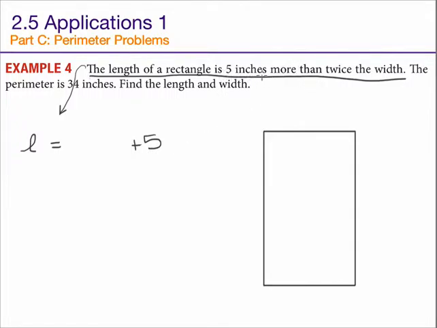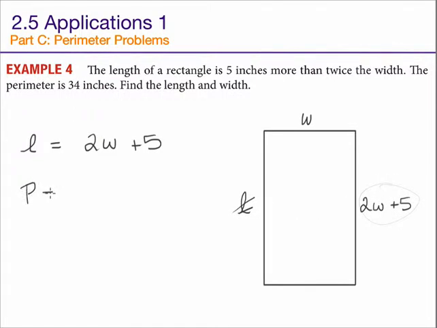What's the something it's 5 inches more than? Twice the width. Twice means 2 times the width. So for this rectangle, L and W, this L is equal to 2 times the width plus 5. In other words, instead of writing L, I can write this.